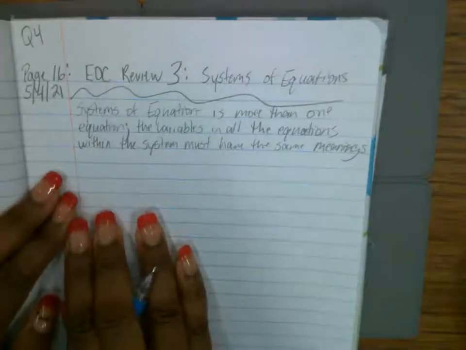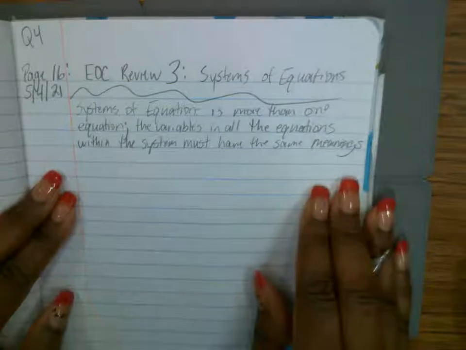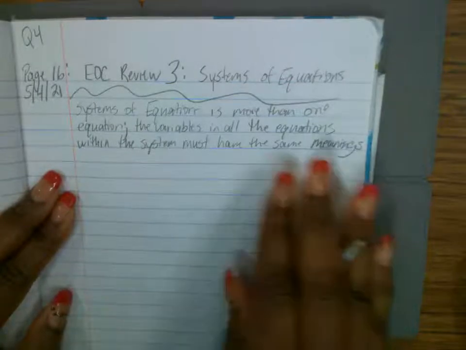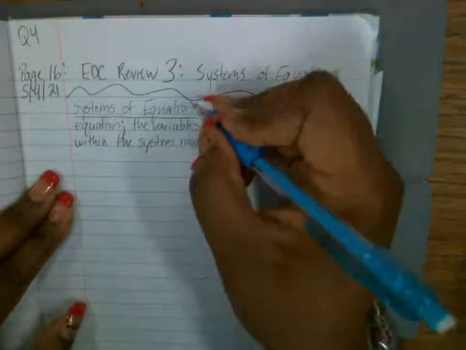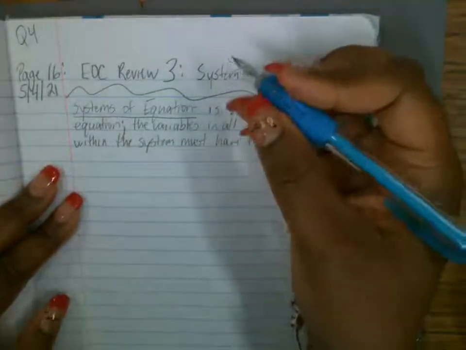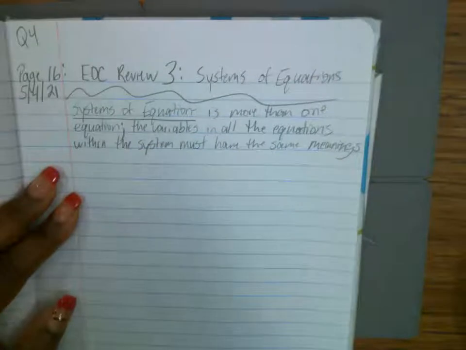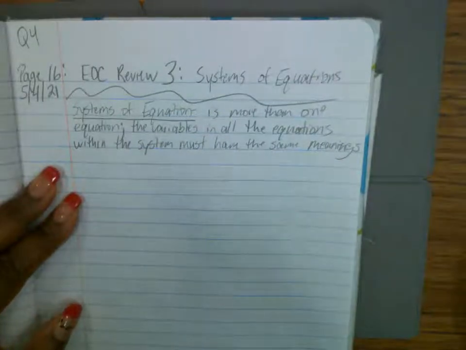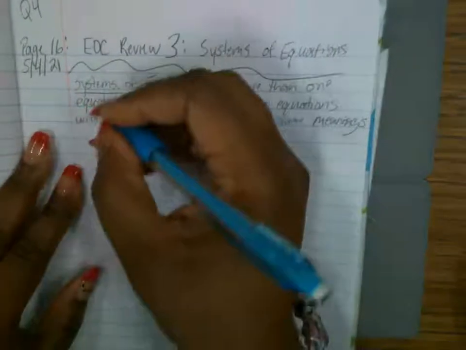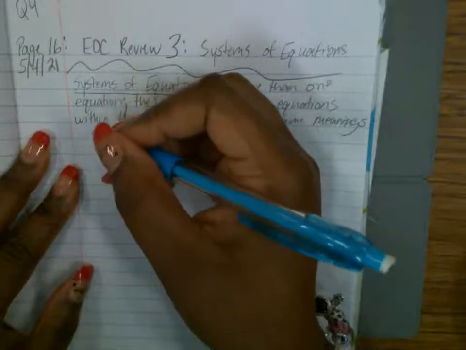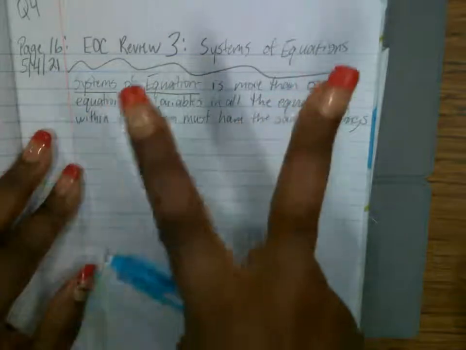Okay? All right, so now we've talked about what a system of equations is. Now we need to talk about what they look like and how to solve a system. So in this course, a system is not going to be more than 2 equations.